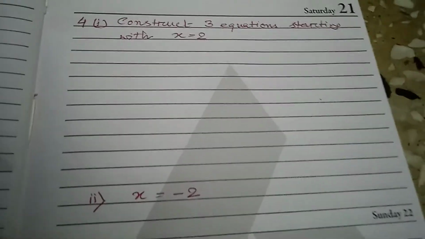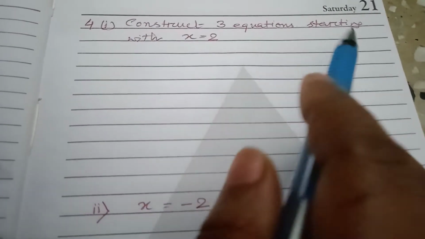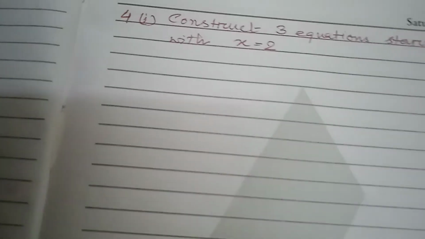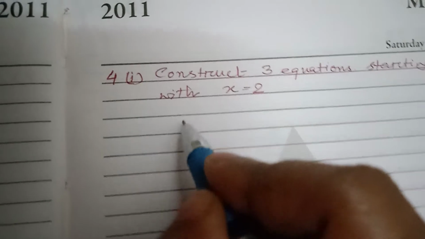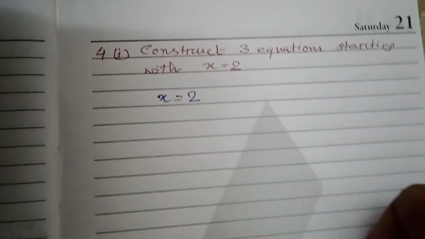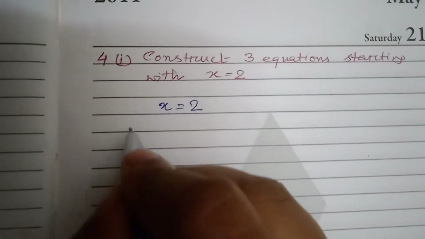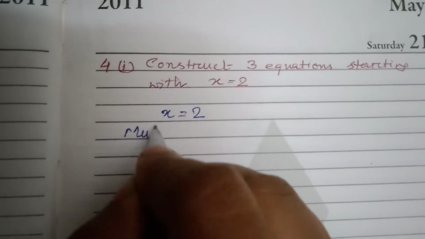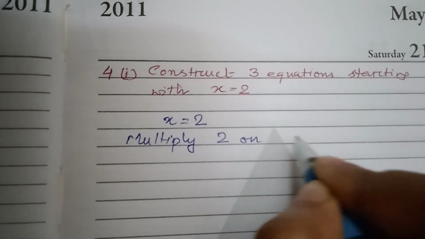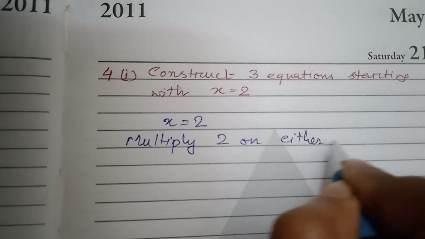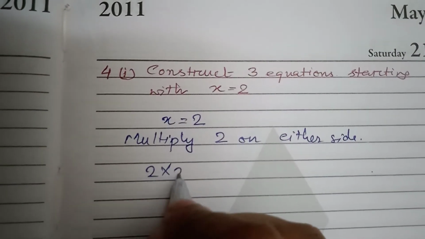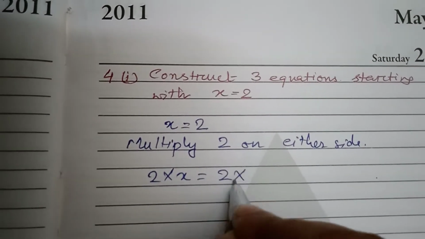Okay. Now look at this question. Construct 3 equations starting with x is equal to 2. So I have one equation as x is equal to 2. How can I form the other equation? I can multiply 2 on either side. So what will happen? 2 into x is equal to 2 into 2.